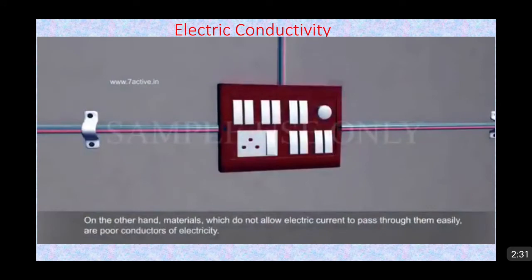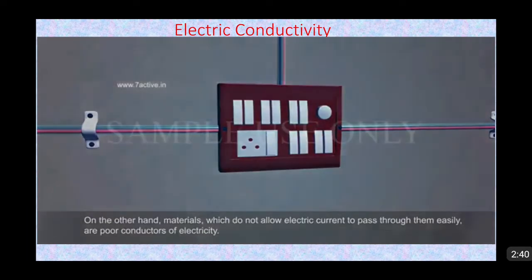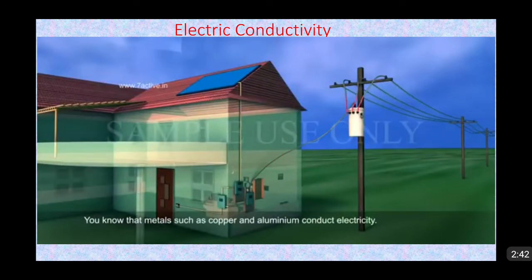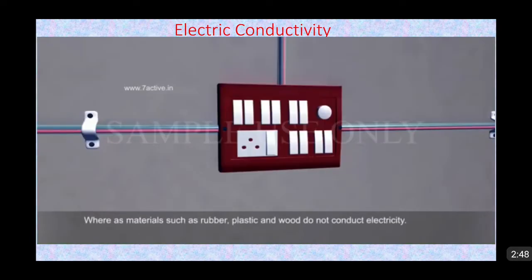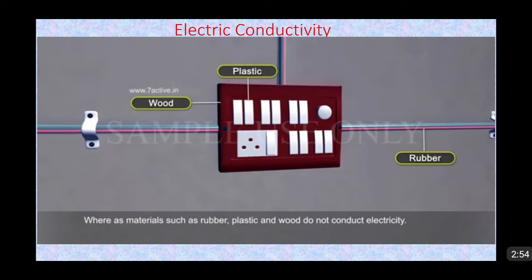On the other hand, materials which do not allow electric current to pass through them easily are poor conductors of electricity. You know that metals such as copper and aluminium conduct electricity, whereas materials such as rubber, plastic, and wood do not conduct electricity. Good conductors have higher electrical conductivity than insulators.